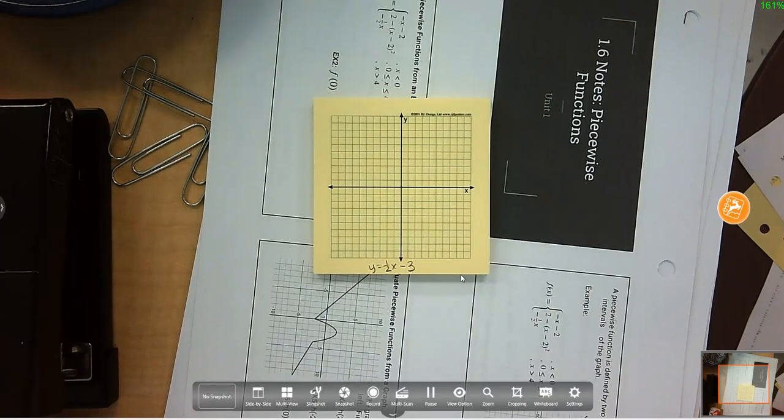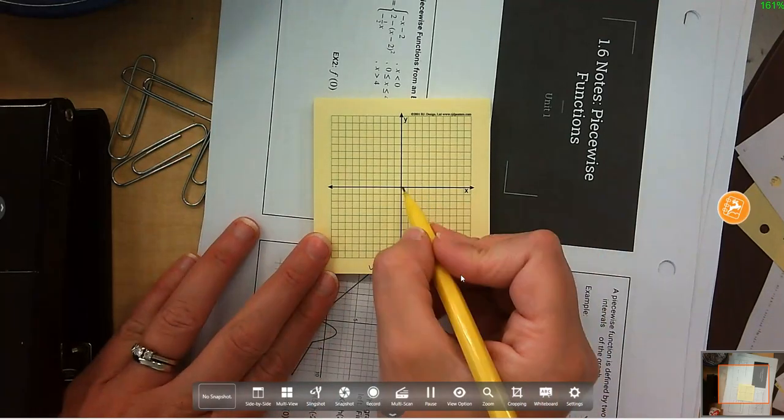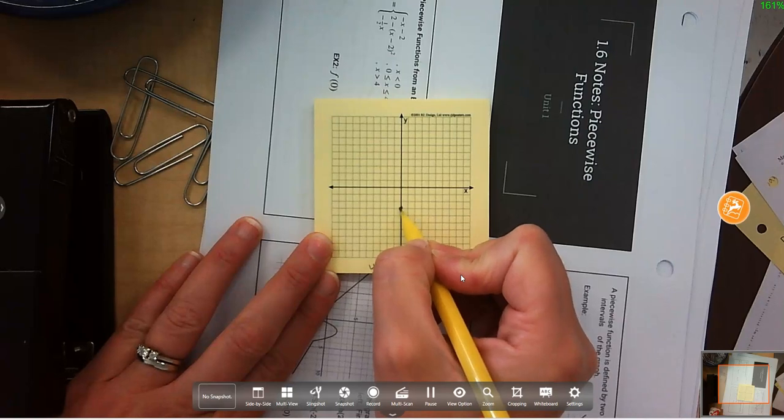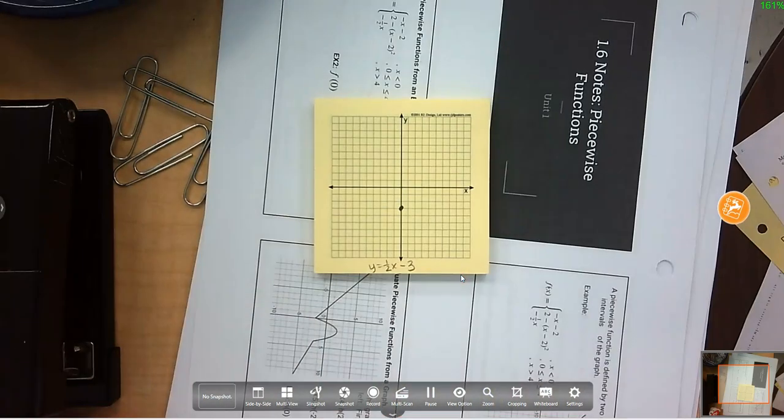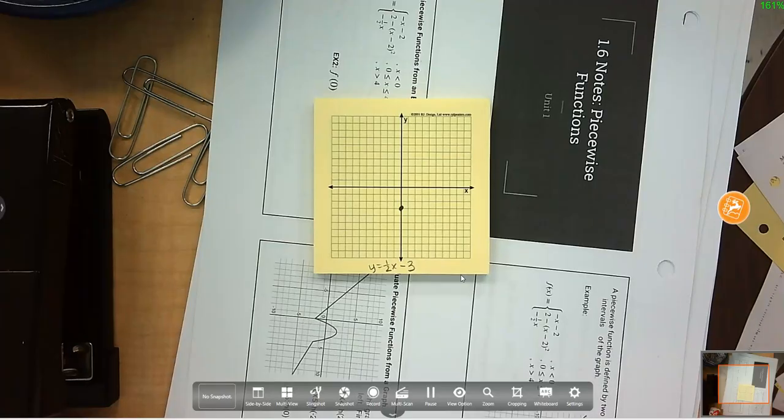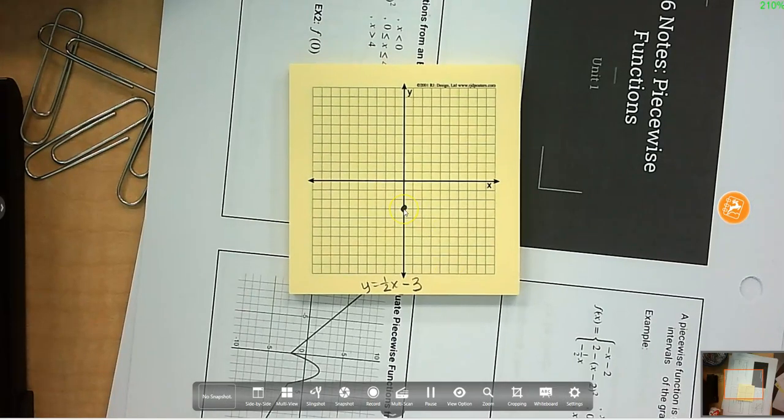So y-intercept, what is it? -3. That's where you start from. So you're going to start by putting a dot right there on the y-axis at -3. If you had this one, and you don't go through that point right there, you need to erase it and fix it, okay?